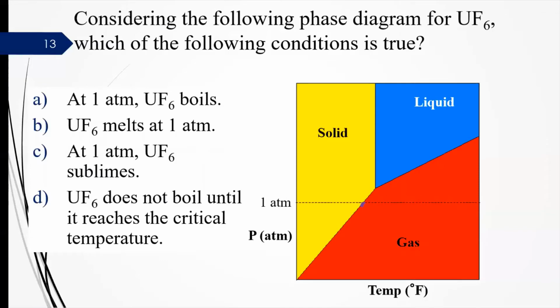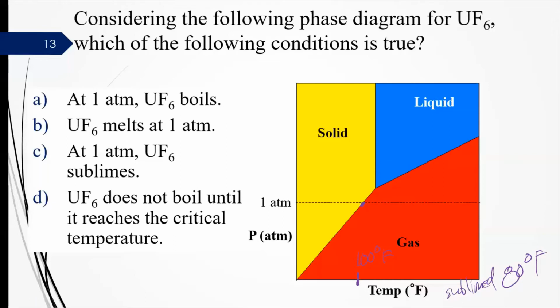We could also compare this against another compound. And so if this one sublimes, and let's say that this temperature was 100 degrees Fahrenheit, if our other material sublimed at 80 degrees Fahrenheit, we should know something about their intermolecular forces.